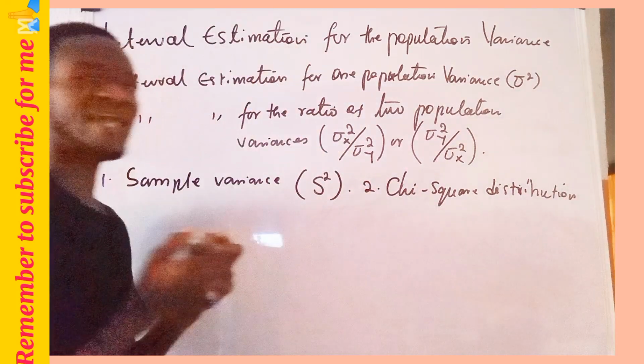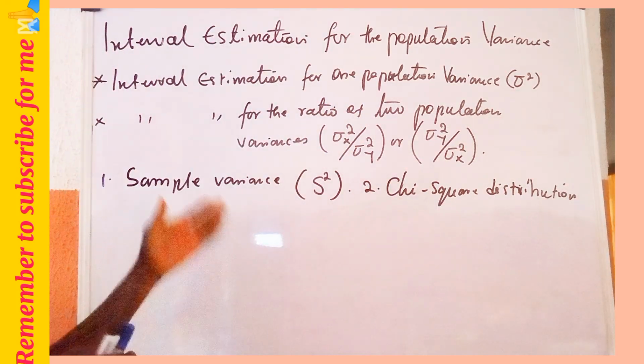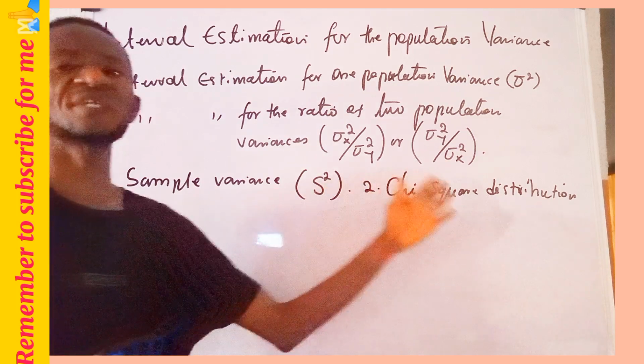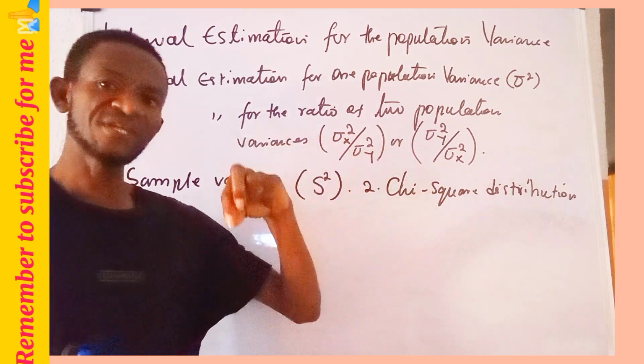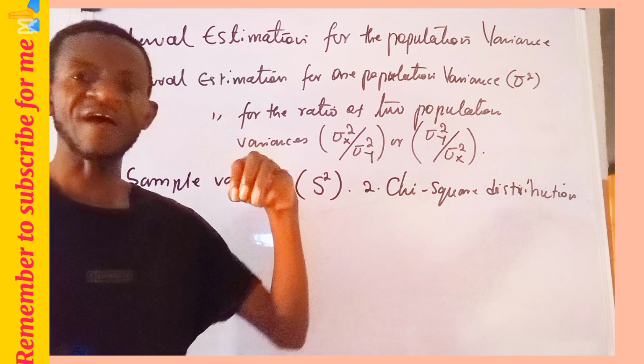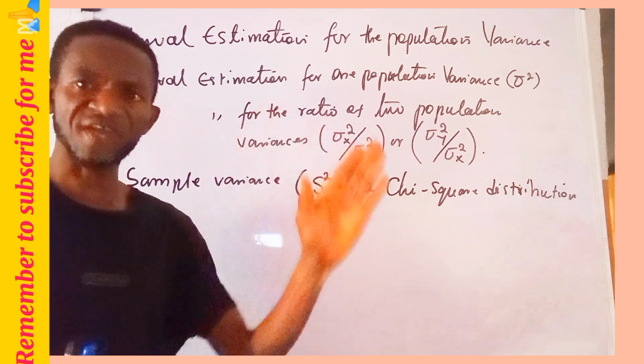So the concern here is, how do we link the sample variance and the chi-square distribution in the estimators of the intervals for one population variance?